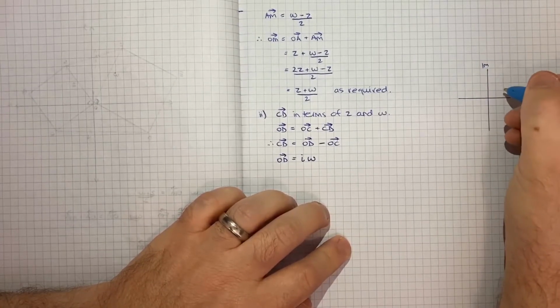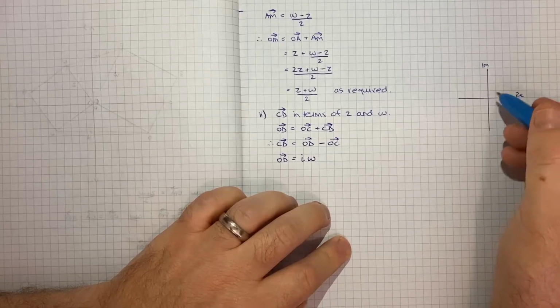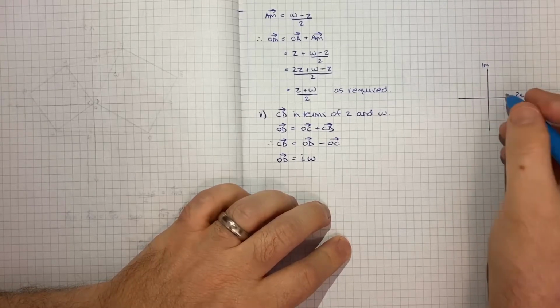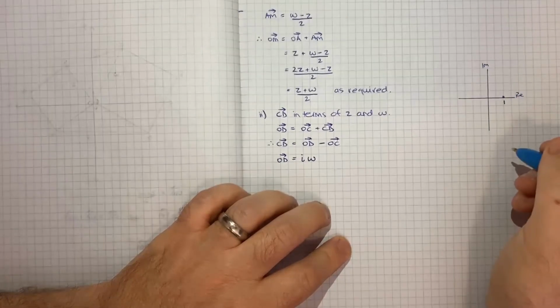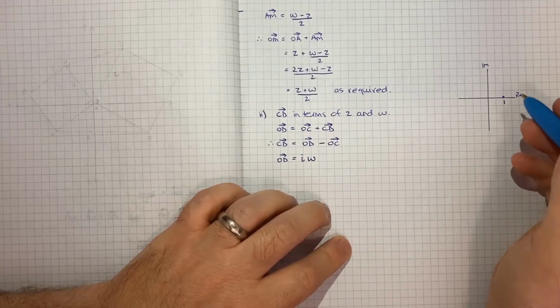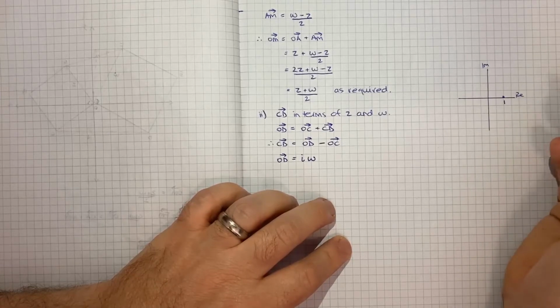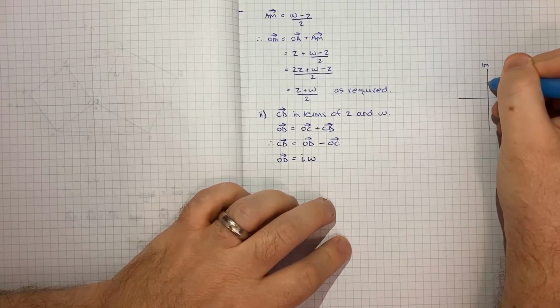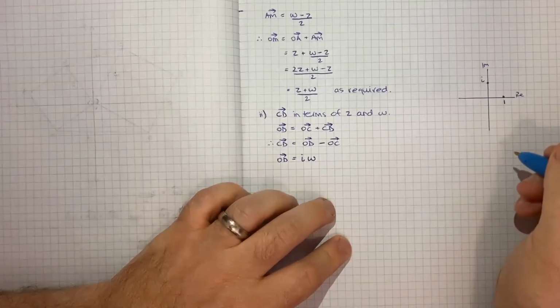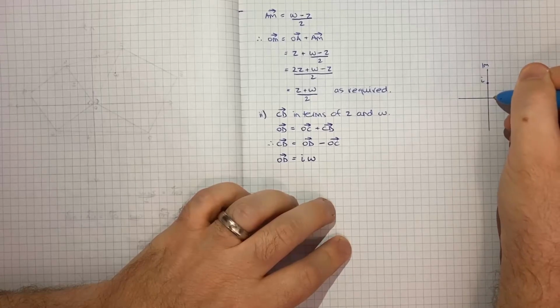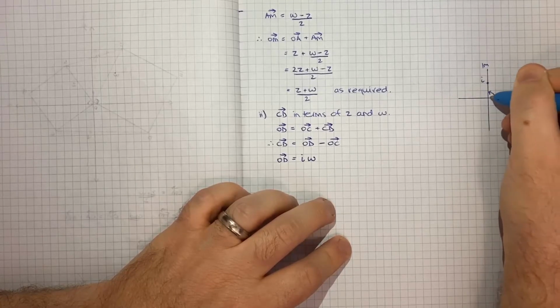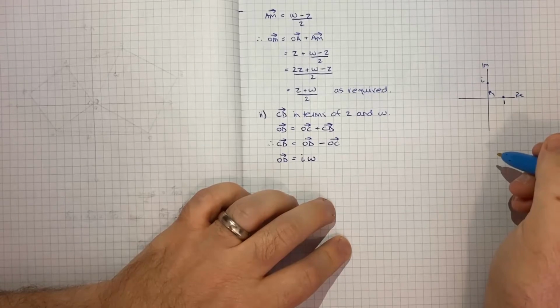Now, the number 1, if we just think about simply the real number 1, if I plotted that there, and if I thought about the number i, the imaginary number i, just by itself, that would plot here in the Argand diagram. And so you notice to get from 1 to i, we've come anti-clockwise by exactly 90 degrees.